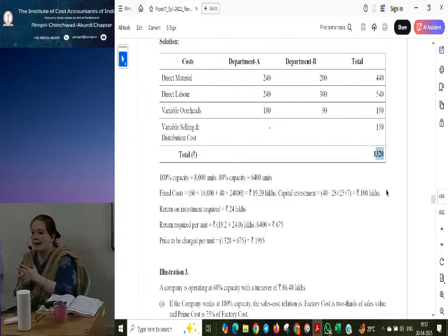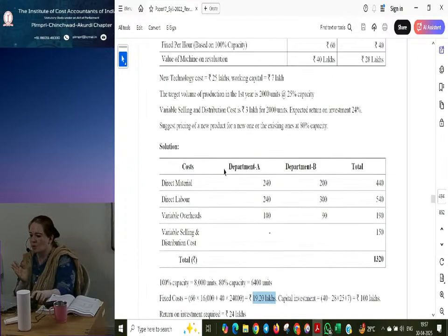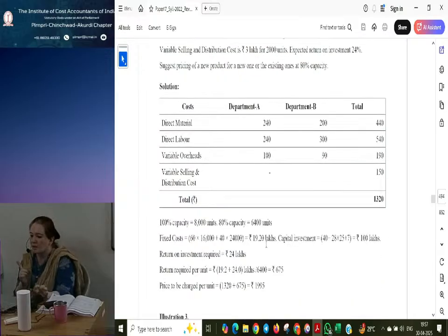But we don't have fixed cost per unit. We have the total fixed cost, which is 19.2 lakhs, because this fixed cost is calculated at 100% capacity. Always be careful: calculate the total fixed cost and then divide by the number of units. That is the thing you need to note down.